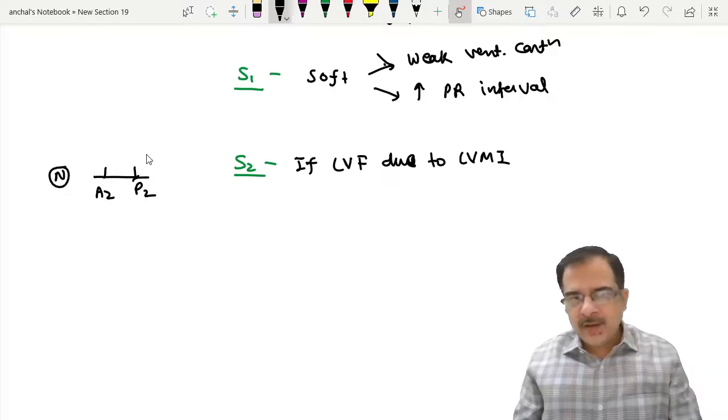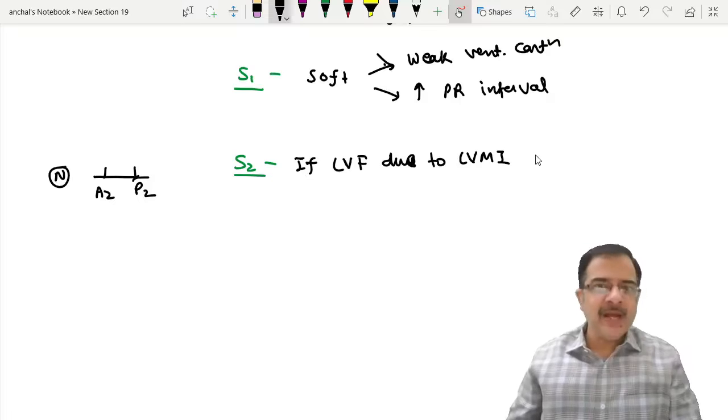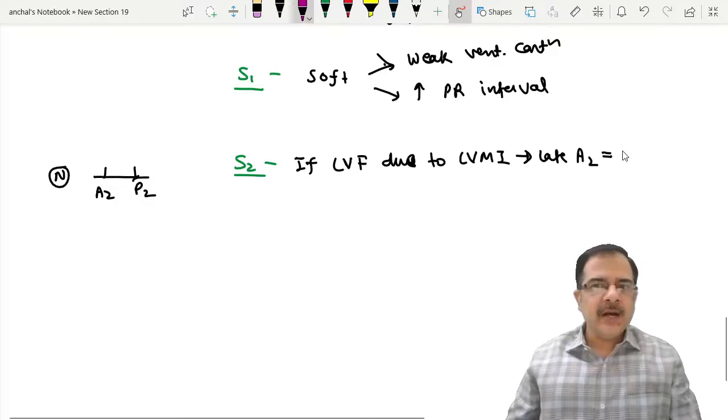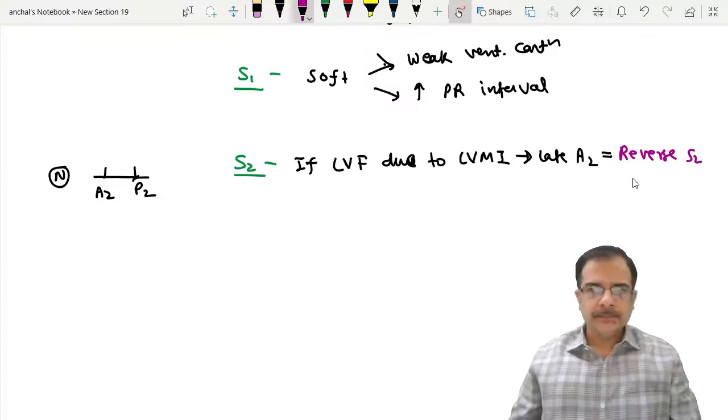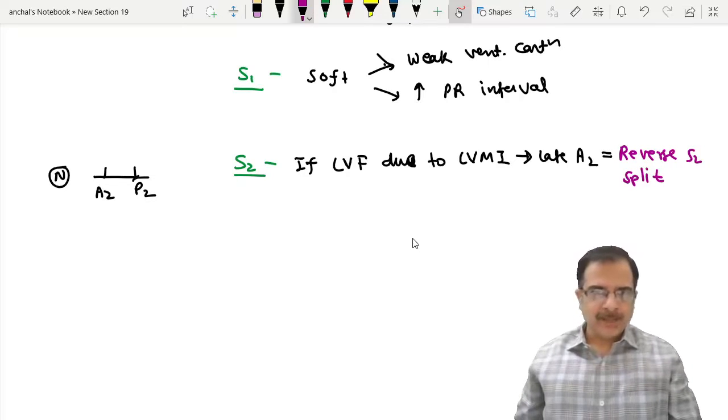So A2 will come beyond P2. So if LV failure occurs due to LVMI, there will be a late A2, and that will make it a very important sign, a reverse S2 split.